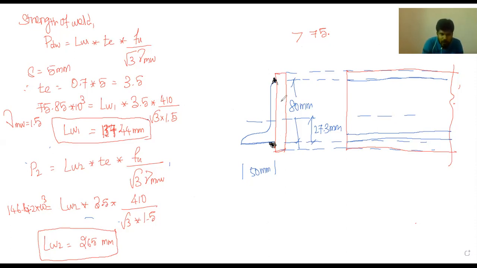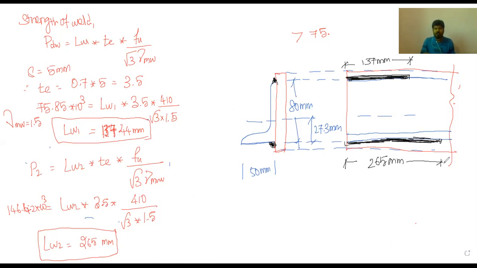So at the lower portion LW1 is 137 mm. So the length is 137 mm, and the upper portion, that is the top, LW2 becomes 265 mm. So this is our final result.